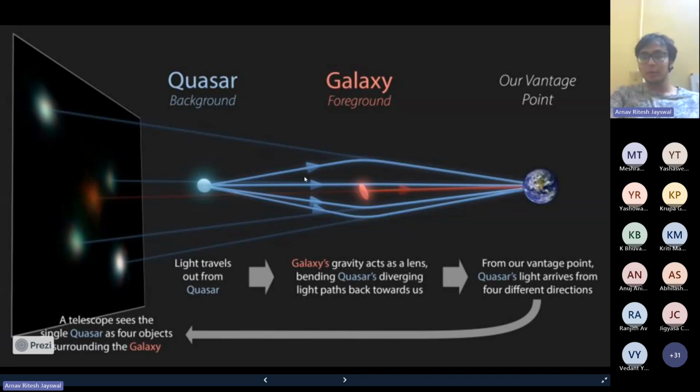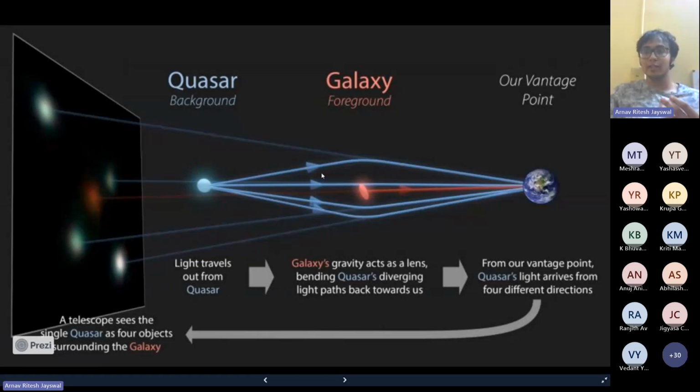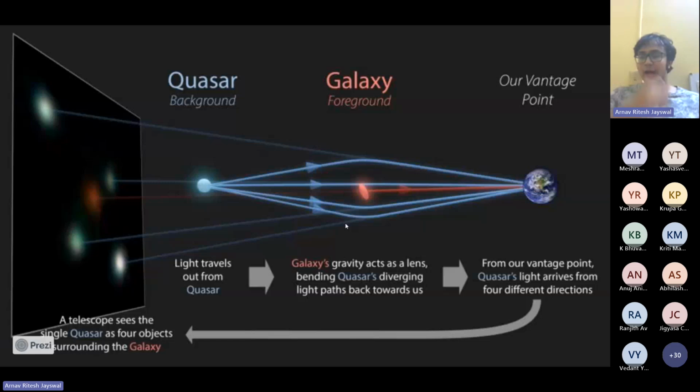As you can see here, the light is coming, but it's getting bent, and that is not something which should happen just based on the mass of the galaxy. There needs to be a lot of other extra mass, which is the requirement for an event like gravitational lensing to happen. So that is why the Hubble Space Telescope observed this gravitational lensing, and it helped us to know more about dark matter.